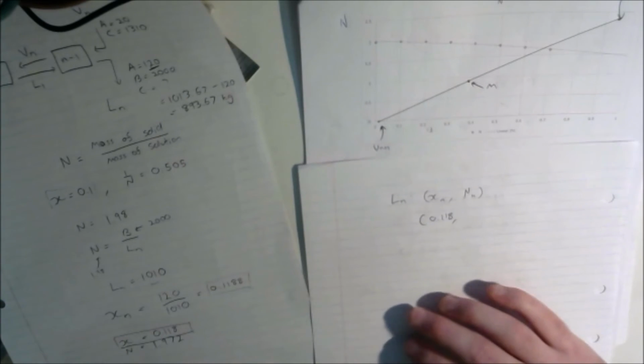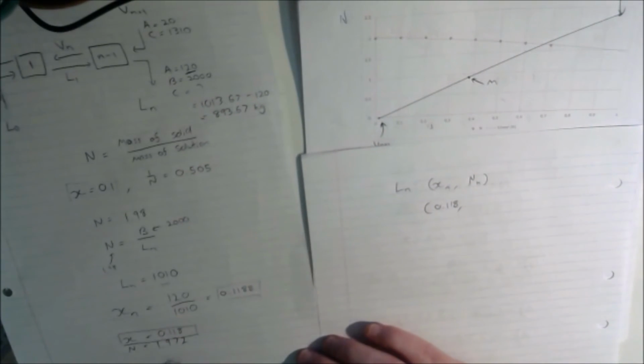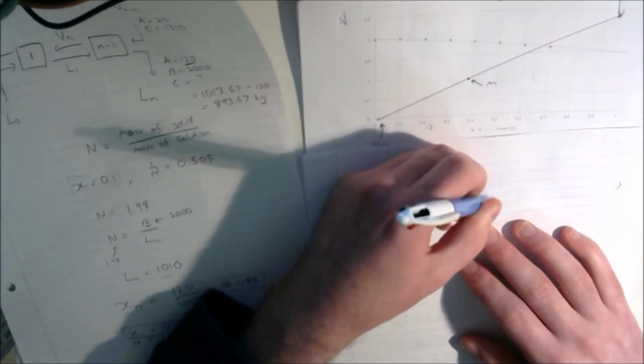And nn, again, we also calculated way back in part 1. It was this number down here, 1.972.